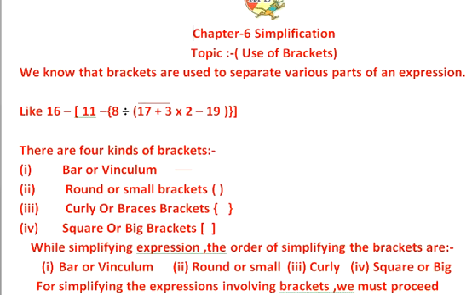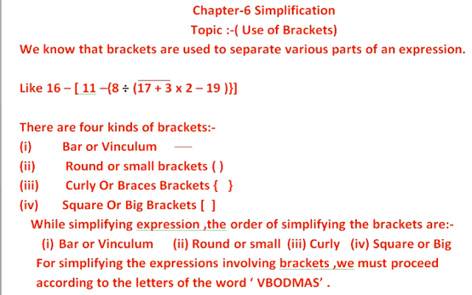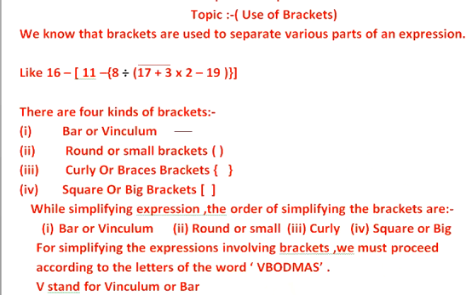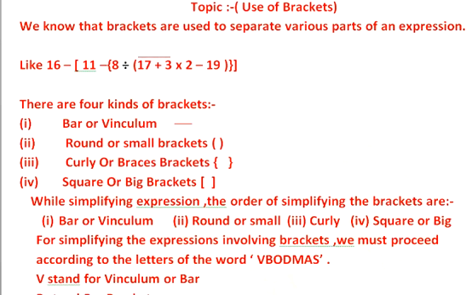For simplifying an expression involving brackets, we must proceed according to the letters of the word V, B, O, D, M, A, S. According to these letters, we solve the expression involving brackets. V stands for vinculum or bar bracket, so first we simplify the bar bracket.